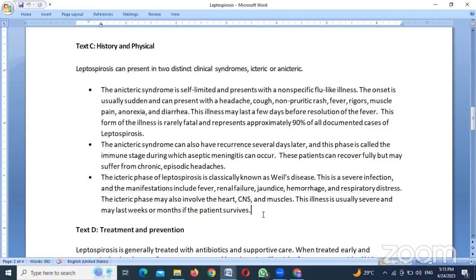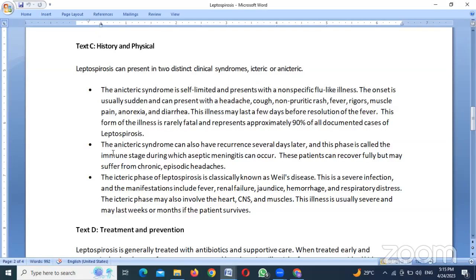The two syndromes are clinical syndromes, icteric and anicteric. So history and physical. Comparison of distinct syndromes. There are two types, icteric and anicteric. Here they are talking about anicteric: self-limiting, and these are the symptoms, in 90% of cases.